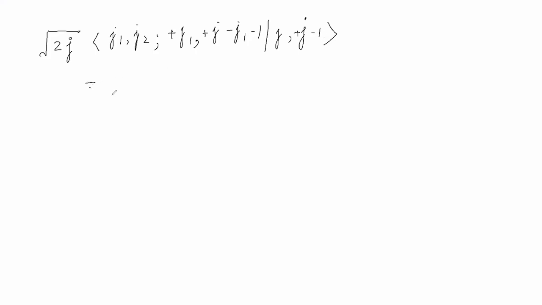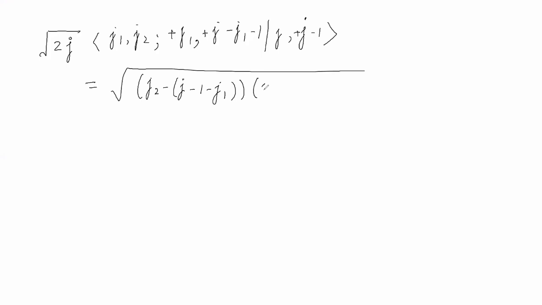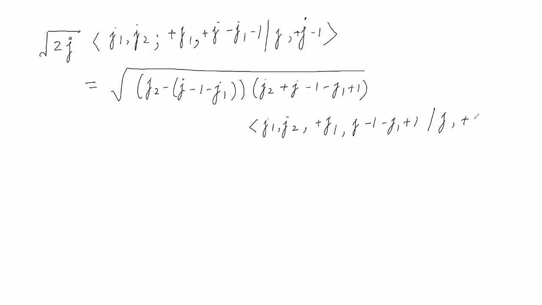This must be equal to square root j2 minus j minus 1 minus j1, j2 plus j minus 1 minus j1 plus 1, j1, j2 plus j1, j minus 1, j1 plus 1, j plus.